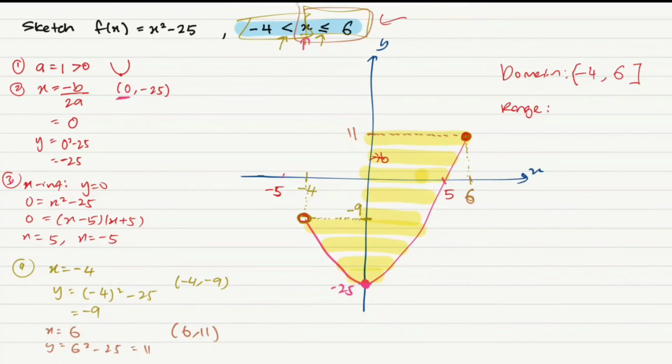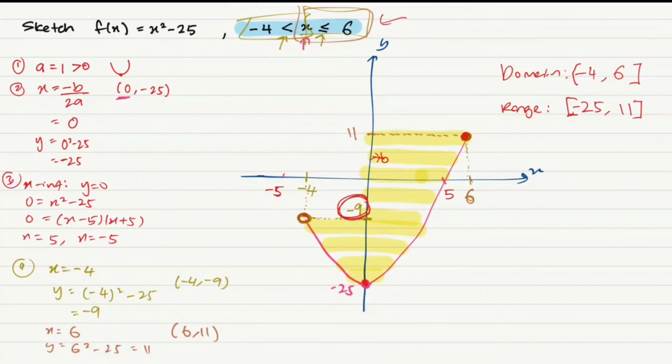So how to write your range? The smallest value is -25 and it goes until 11. So at -25 there's a dense circle, so that's why there's a square bracket here, and at 11 it's also a dense circle, that's why you should write a square bracket there. Why don't we stop at -9?